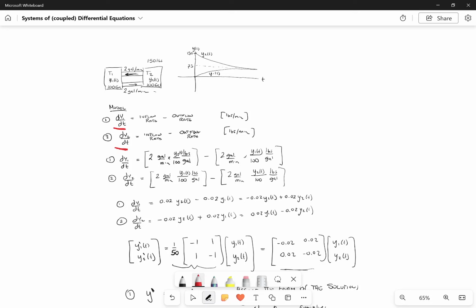And we know something about the rate of change: it's an inflow minus outflow rate on both of them.